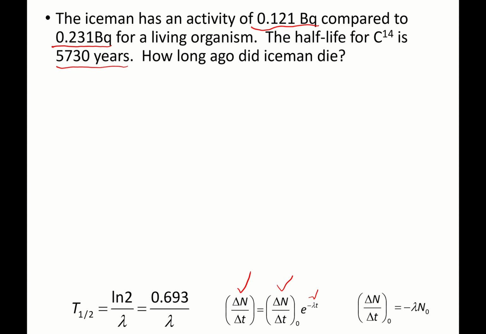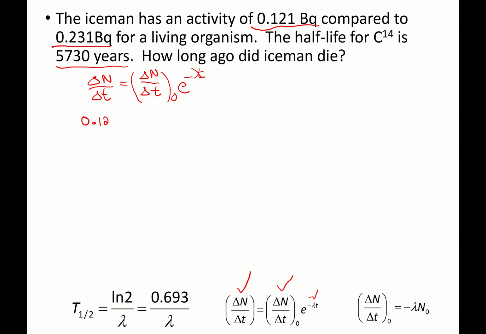Well, what I'm going to do is I need to rearrange that equation. So I've got delta N over delta T is equal to delta N over delta T0 times e to the minus lambda T. I want to pull the T out of there.